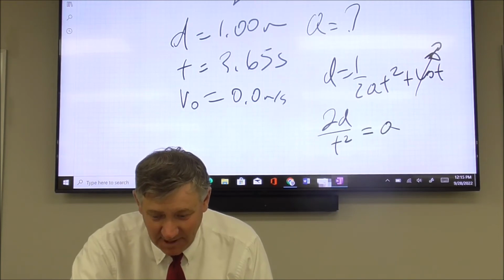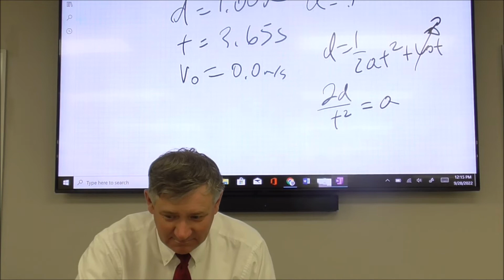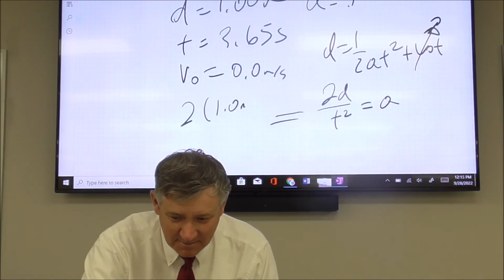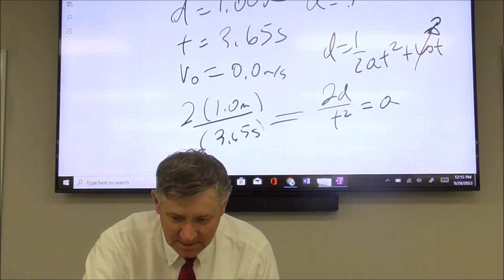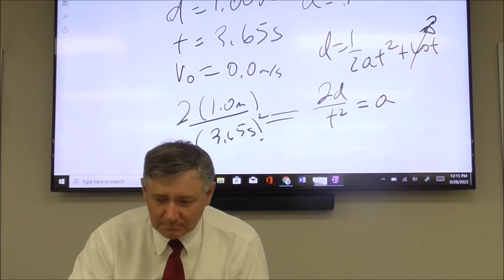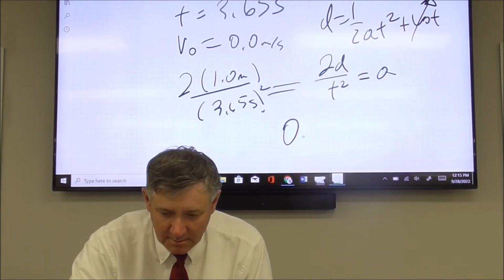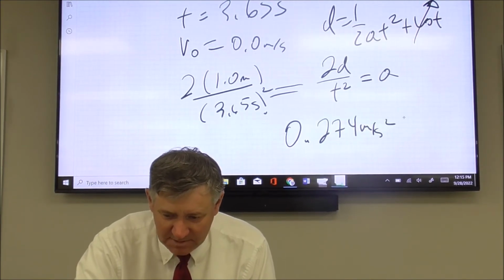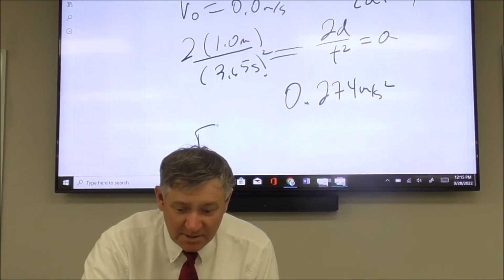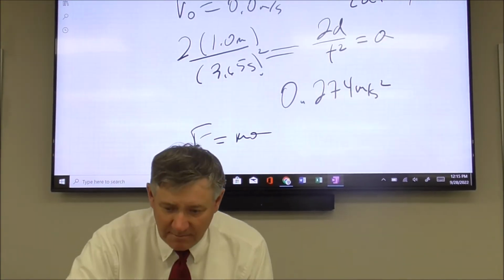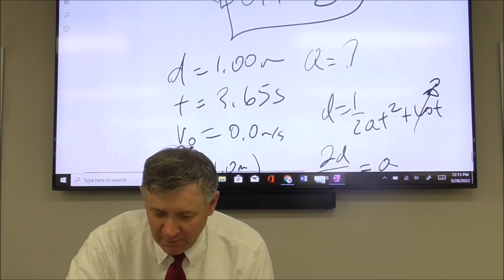So I've got 2 times 1 meter divided by 3.65 seconds squared. What do you get? 0.274 meters per second squared. So now we can use F equals ma. We've got a mass of, what was the mass? 0.44 kilograms.